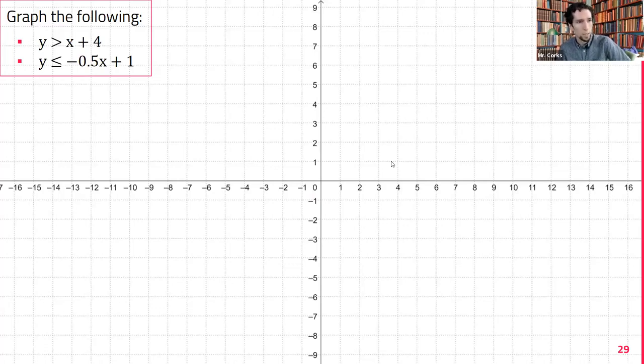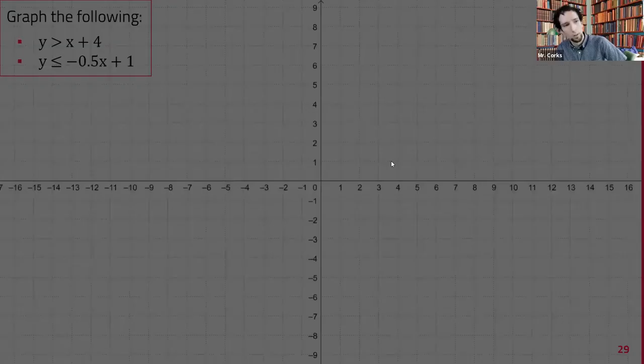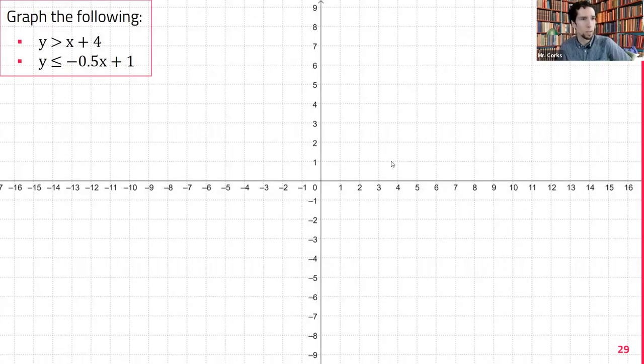So I wanted to spend some time graphing. Let's do one of these and then I will maybe do a video version of the rest of this. You're going to need this for the preview question for today.